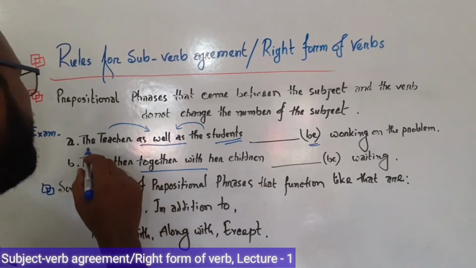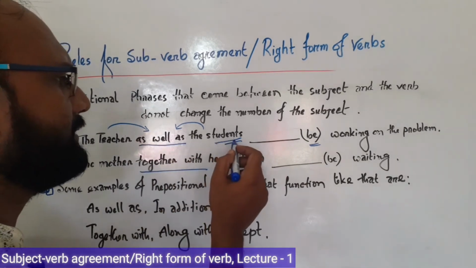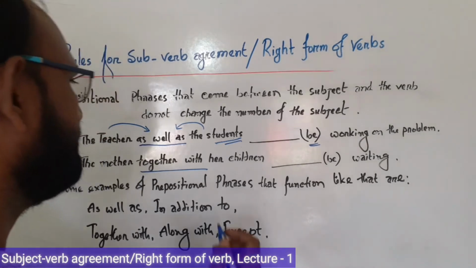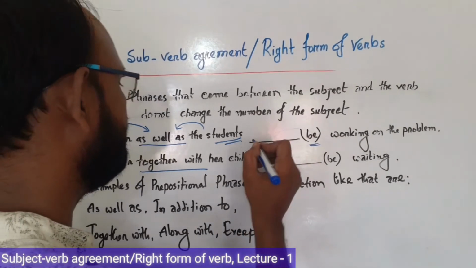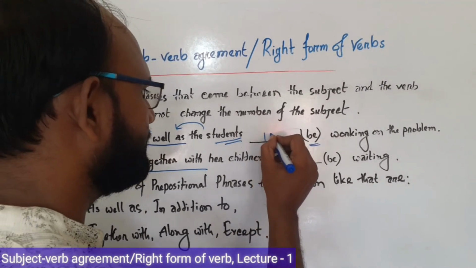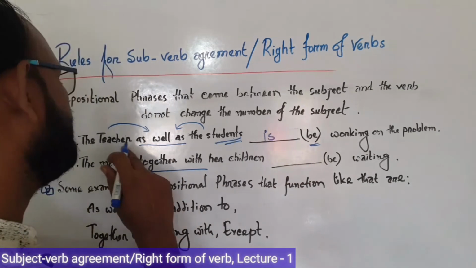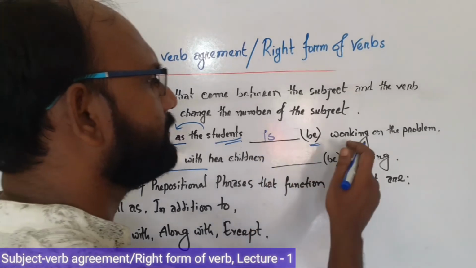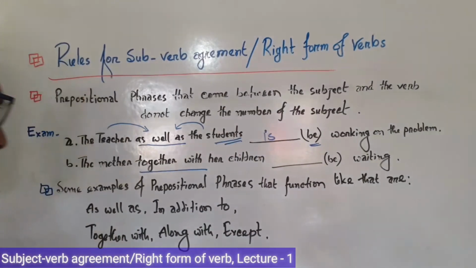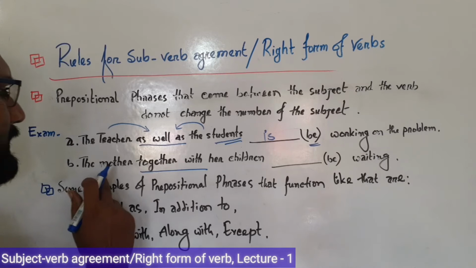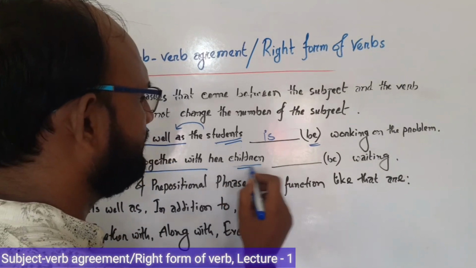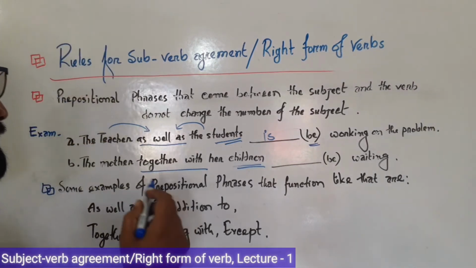The teacher as well as the students dash working on the problem. So we will use the singular verb is. The teacher as well as the students is working on the problem. Next one: The mother together with her children, the plural form. Look at this.